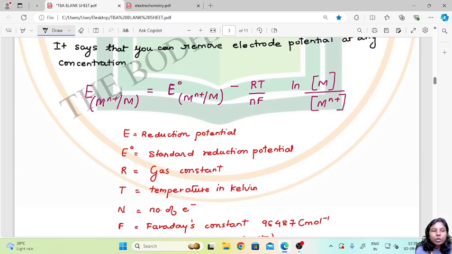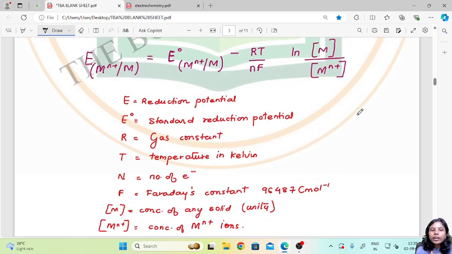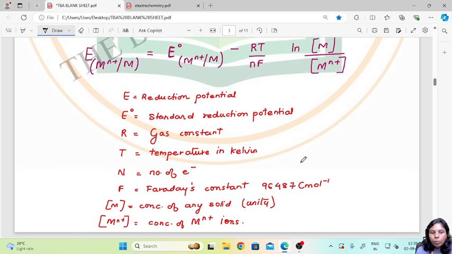So the formula for the Nernst equation is E Mn+/M equals E° Mn+/M minus RT upon nF ln M upon Mn+. First let's understand the various terms involved in this equation. To start with, E is the reduction potential. Then we have E°, the standard reduction potential.